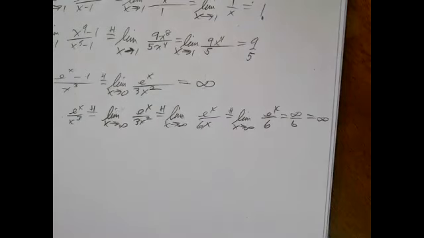Now, on occasion, you're going to get problems where you hit one of your indeterminate forms and it's not in a 0 over 0 or an infinity over infinity type format.